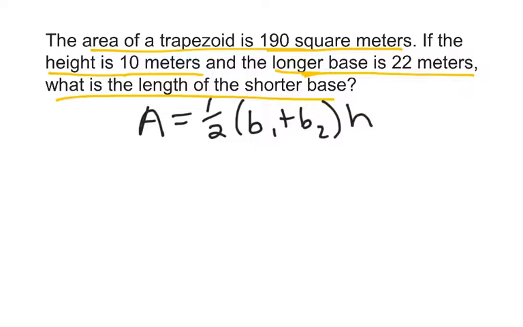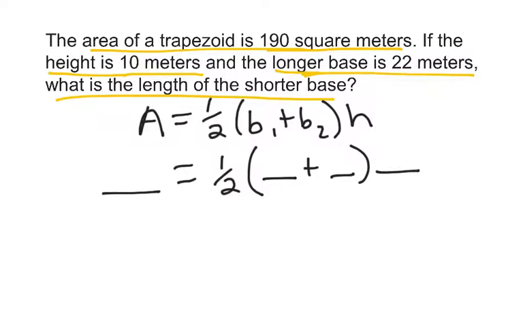The next step we need to do is to plug in the information that we have. And this may sound silly, but if you actually create blanks like this, it can often help you in organizing your information. So just try it for me. In place of the A, we have the area, which is 190.